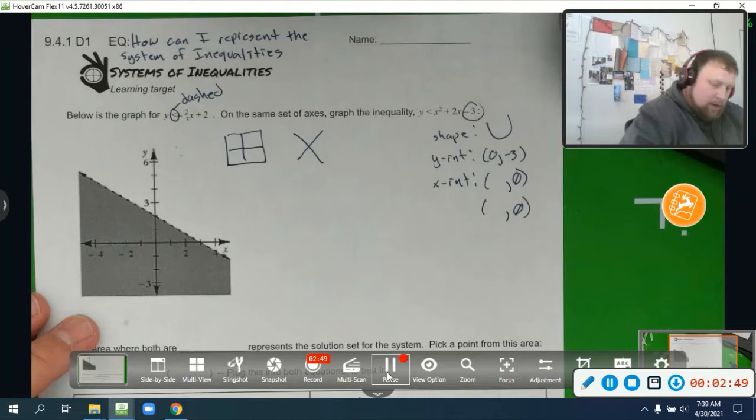And go ahead and find your line of symmetry, which will give you your x value of your vertex. Once you have that x value, you got to plug it in, get the y value. Don't forget that stuff. And I just plug it into the factors now. It's so much easier to me.